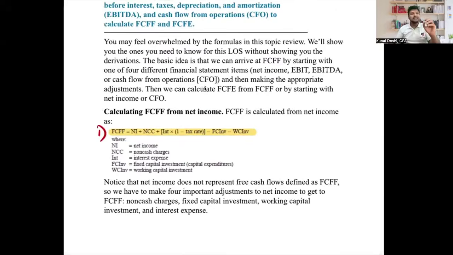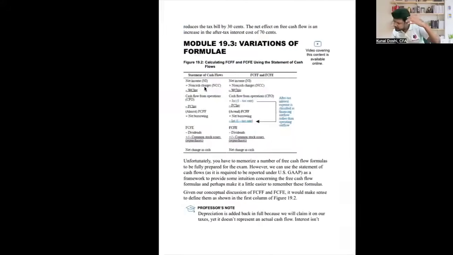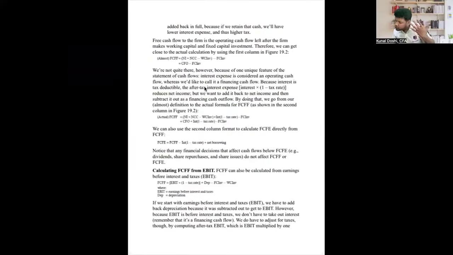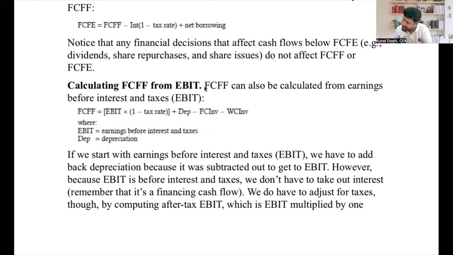So first is the net income approach, right? Then you have different approaches in the free cash flow calculation itself. So then we are going to use the other approaches after net income, including the EBIT approach.